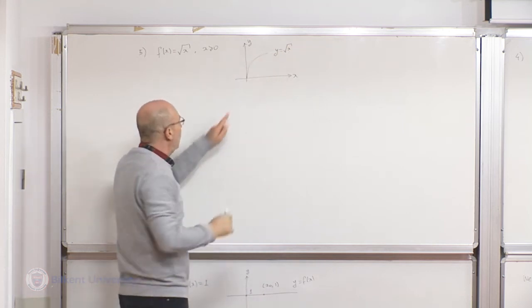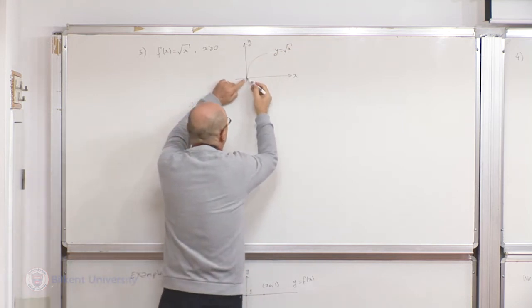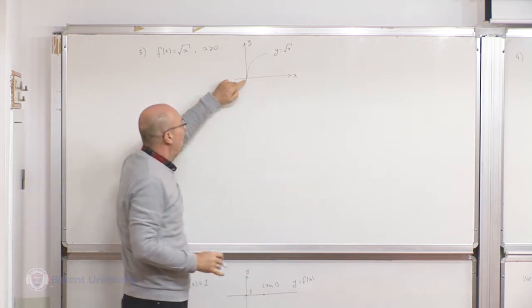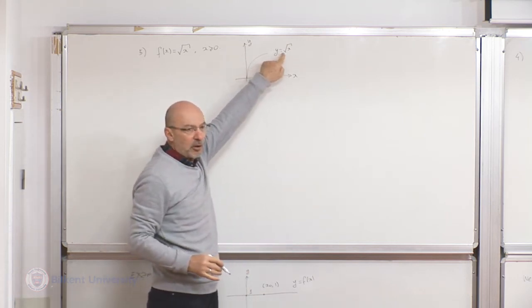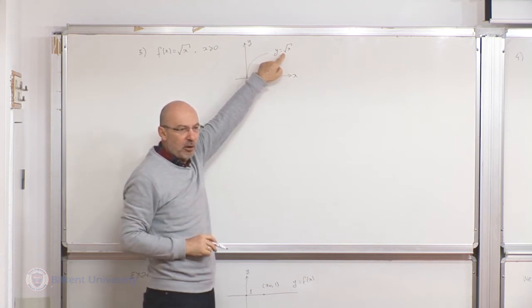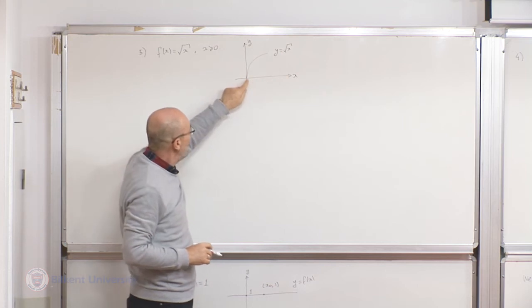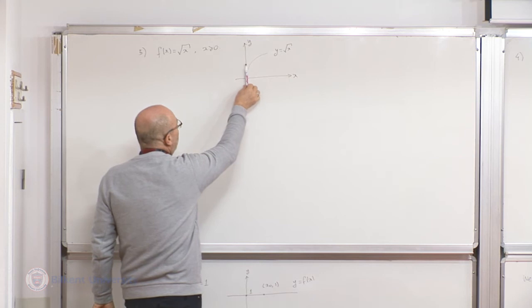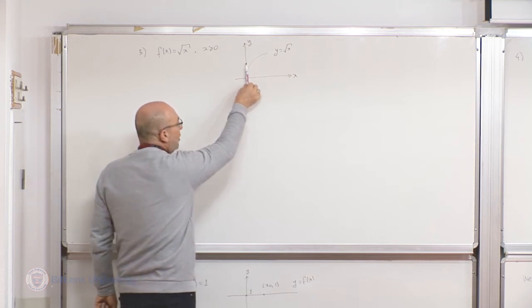So if you play with these things, you understand that since this goes like this on this side, if you take the negative square root, okay, square root of a number is plus or minus. Here I'm taking only the positive square root. But if you take the negative square root, it will continue like this. So the tangent line here, geometrically a tangent line exists and it is vertical.